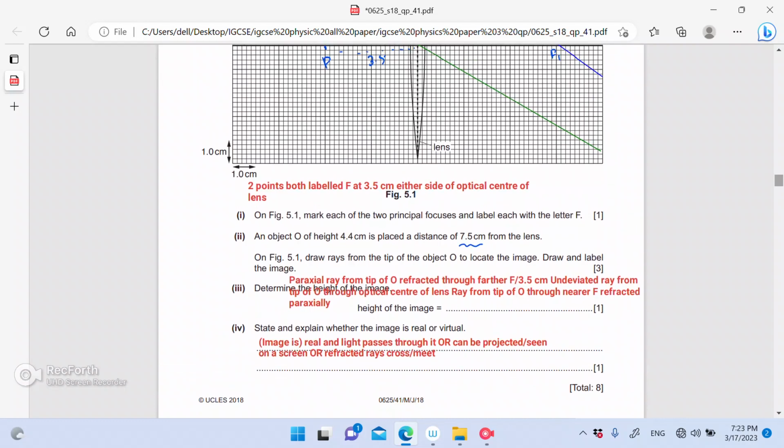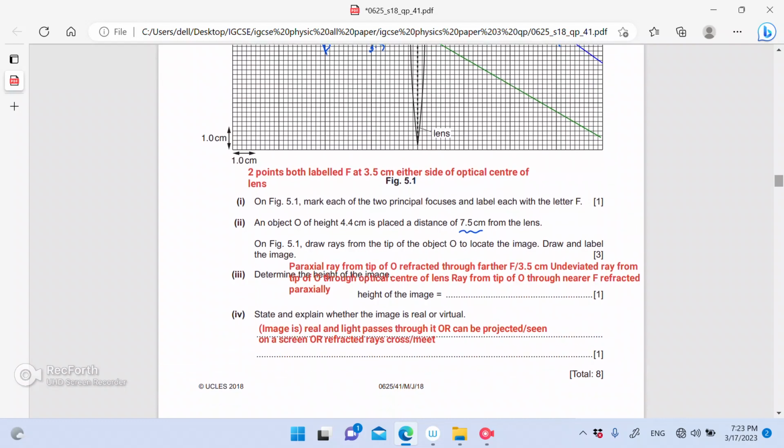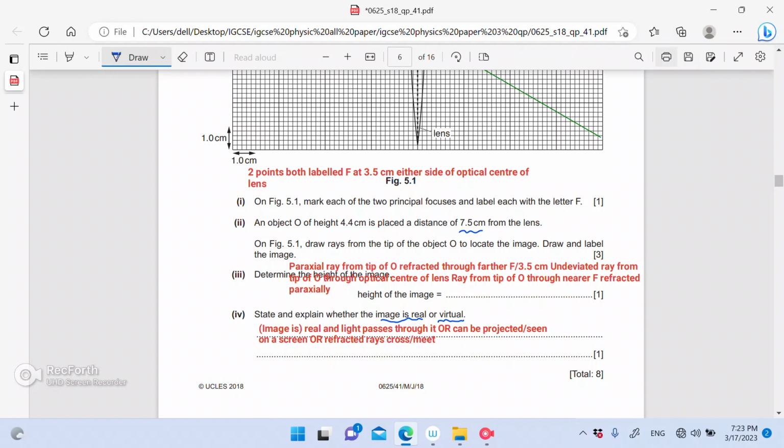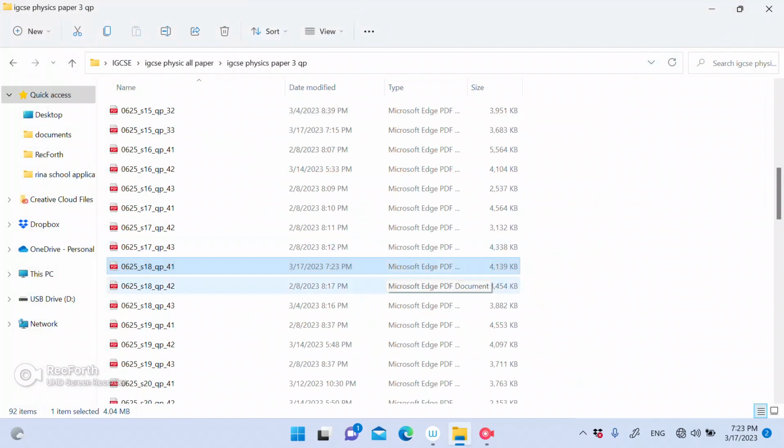Okay, it will meet at some point, but virtual means it will not meet. When it is real, it will meet at some point. Okay, and this is measure 18. Okay, I will do it later.